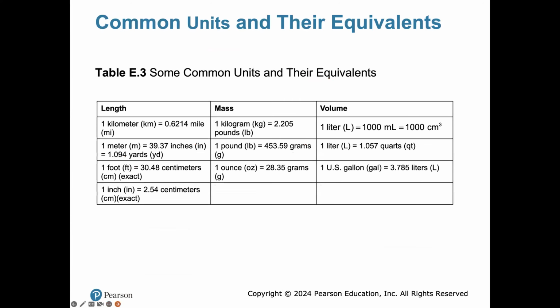There are also some units that show the conversion between SI units as well as English units. For example, converting between kilometers and miles, kilograms to pounds, meters to inches, meters to yards, feet to centimeters, inches to centimeters, pounds to grams, ounces to grams, gallons to liters, liters to quarts, and liters to milliliters and cubic centimeters.